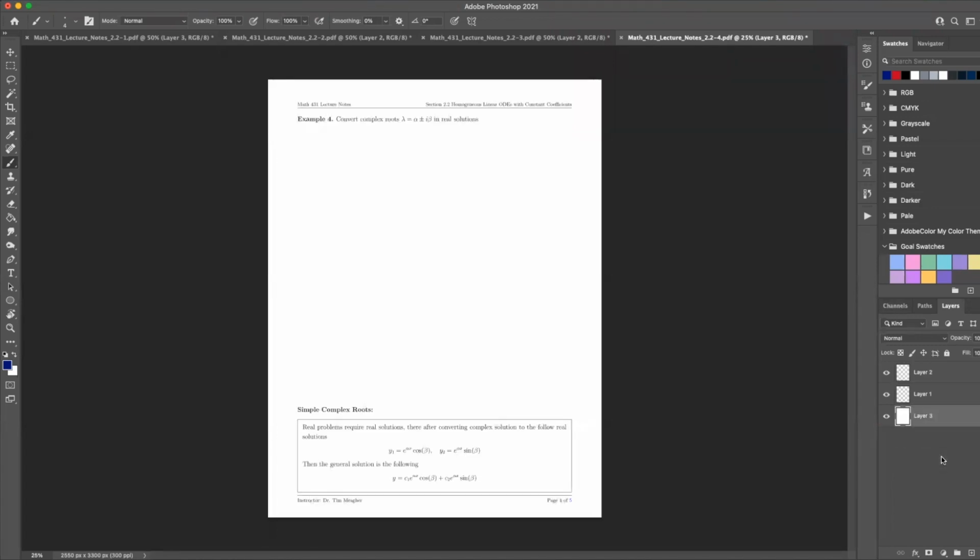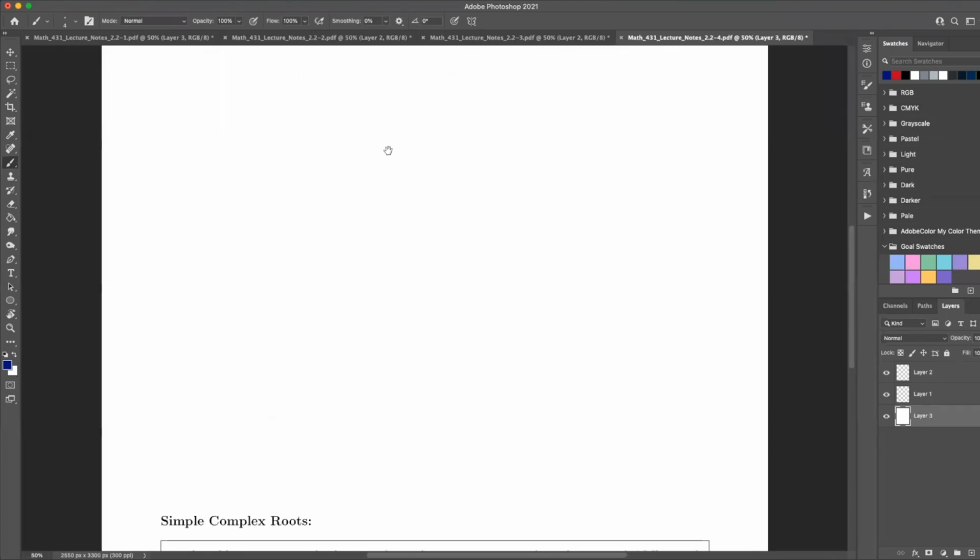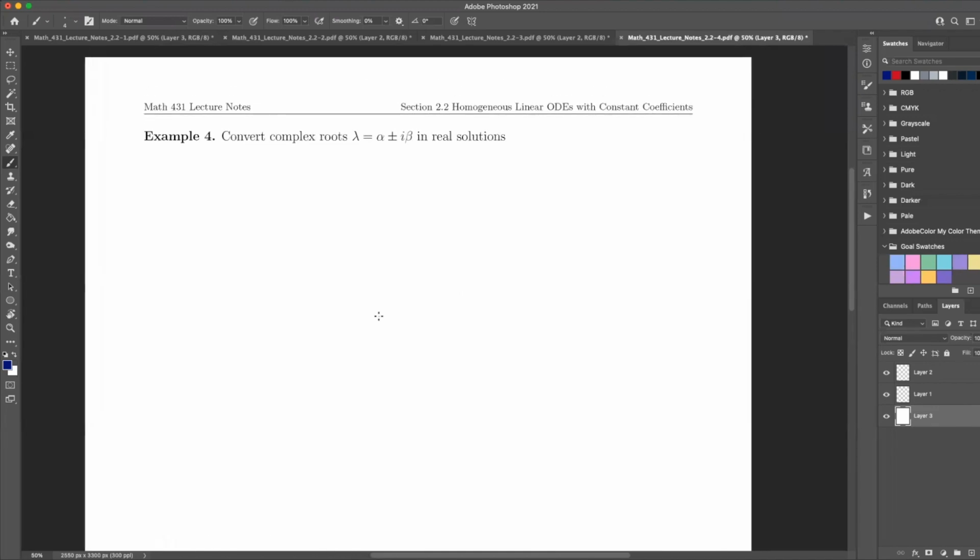All right, so now let's pretend for 5 seconds we get complex roots, and I want to convert this into real solutions. And so if we get complex roots, we're going to have the 2 following answers, right? Since I have real coefficients, my complex numbers will come as complex conjugates, right?